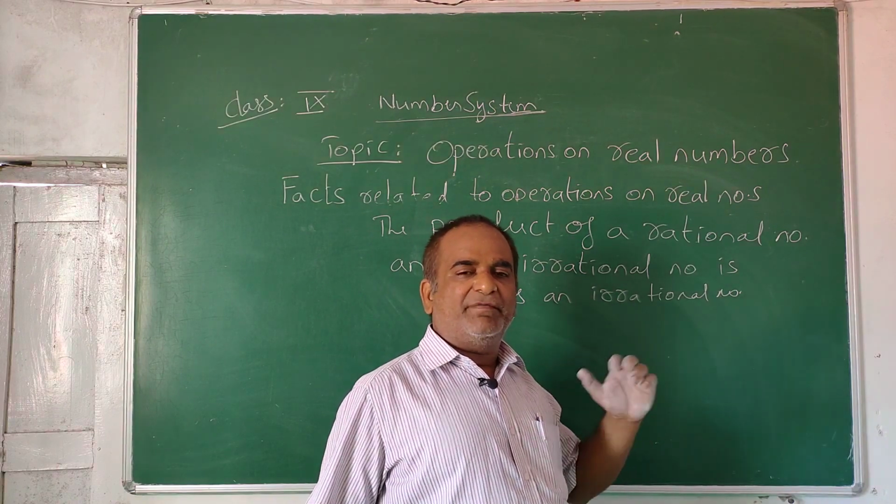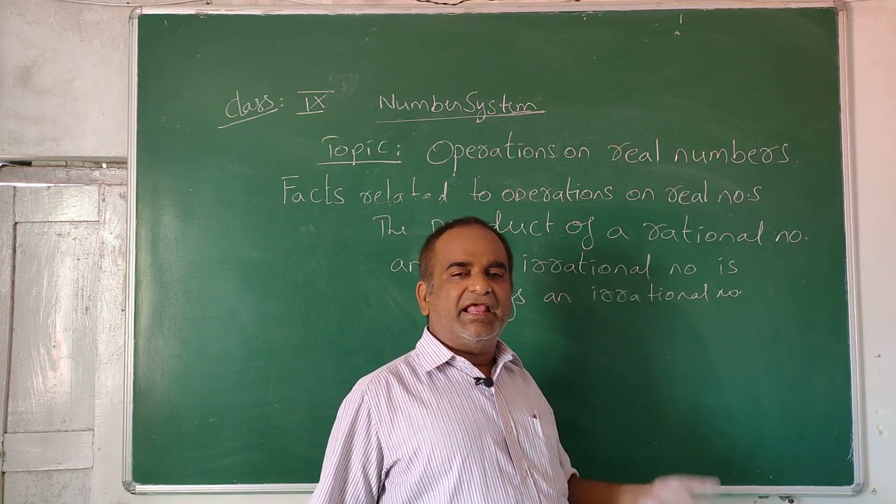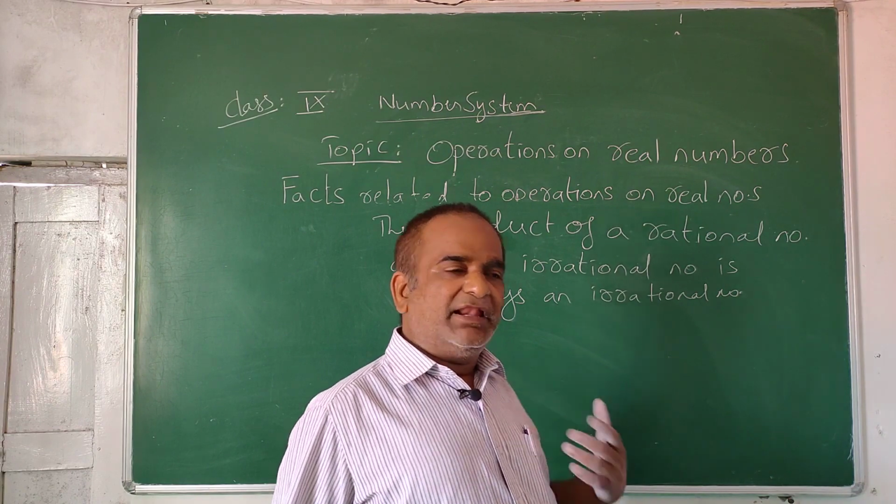If you take the product between rational and irrational, you always get irrational only.